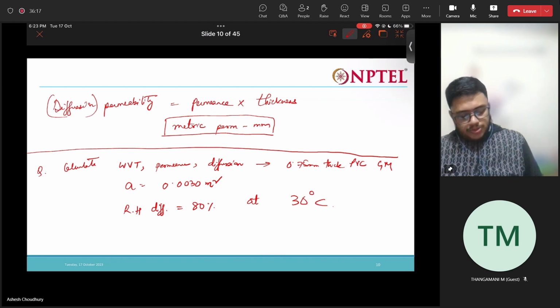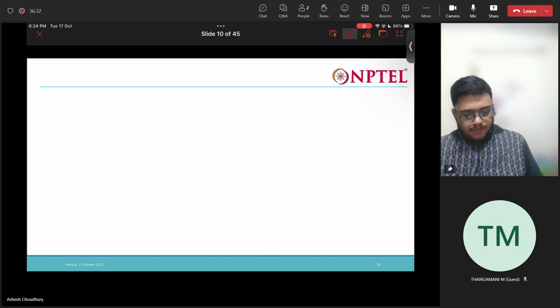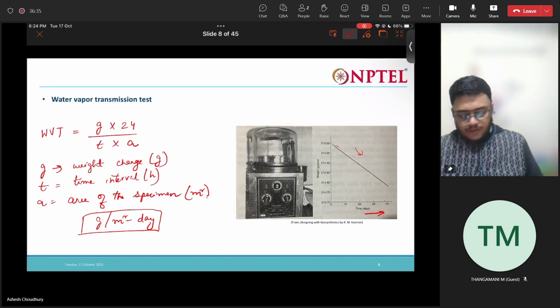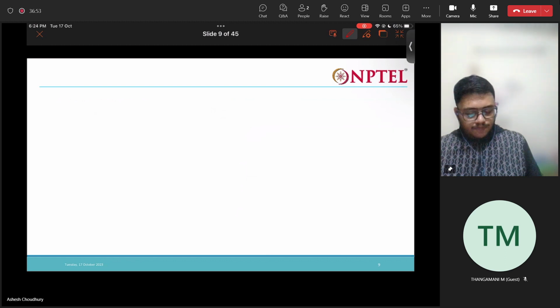So the test data is given in the previous slide. That means this one. If you see from here, you can find out that in 40 days approximately 0.216 gram weight is lost.